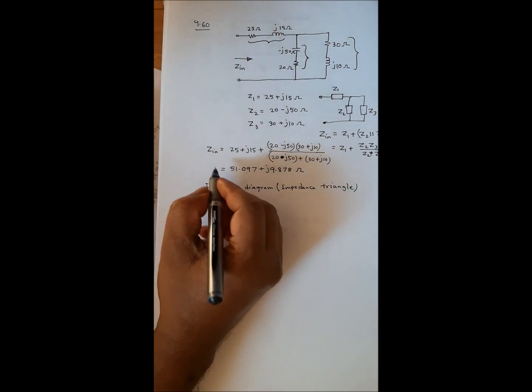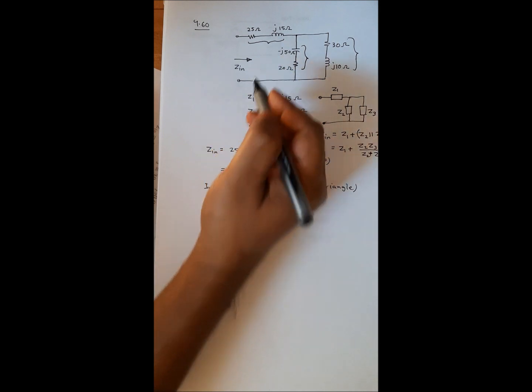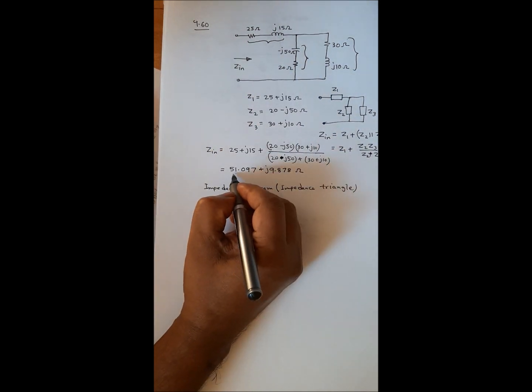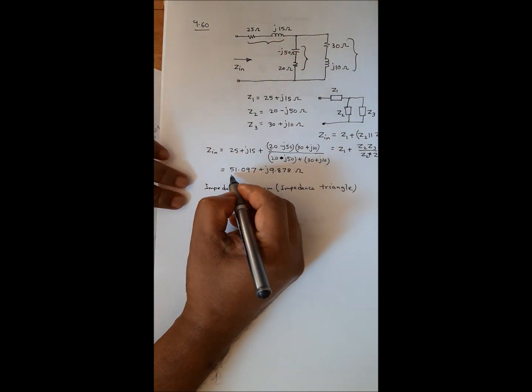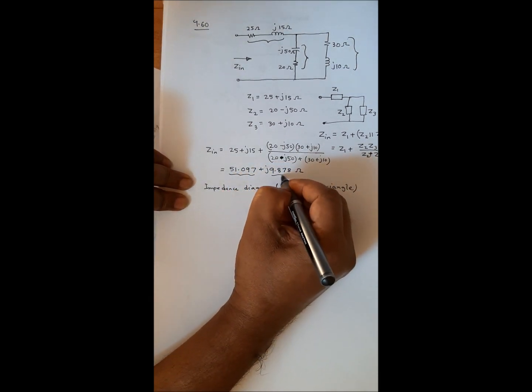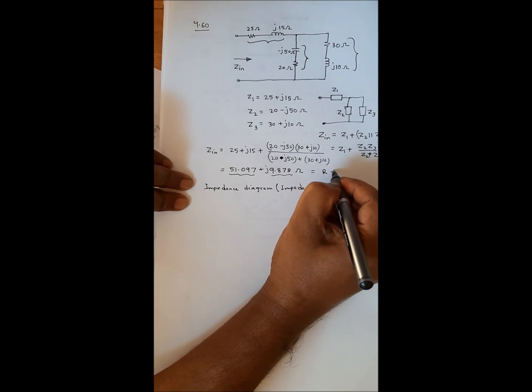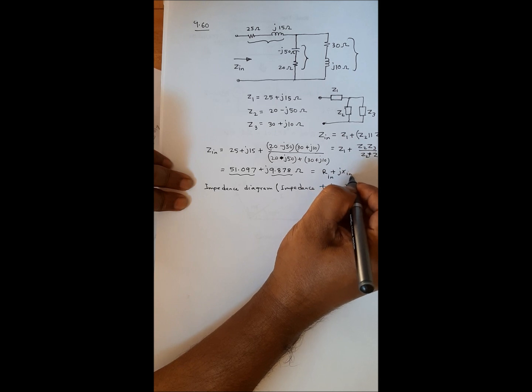To find the impedance diagram for that entire circuit, the entire circuit impedance is Zin. So you see the entire circuit has the resistive part and this is the reactive part. So you can write it as the total R, or Rin, and this is Xin.